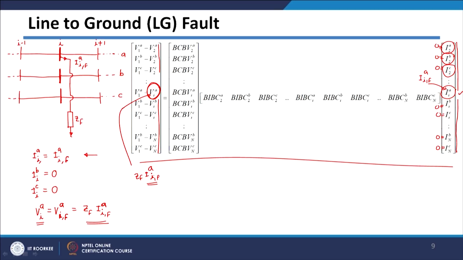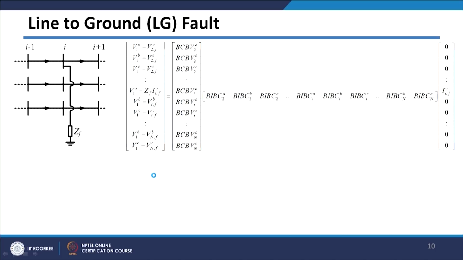So if you do this, after replacing this voltage here, I have got this term replaced, and as I told you, I am replacing all currents by 0 except this current here. All the currents will be negligible.